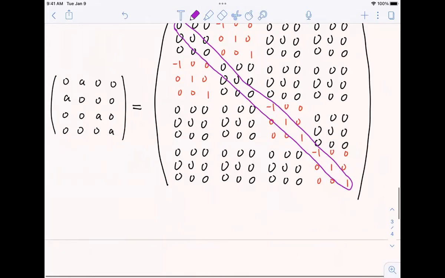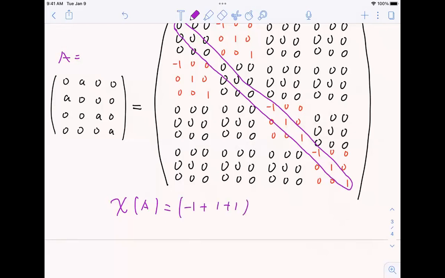Okay, so this is A. The character is basically -1 + 1 + 1. This is 1 unit, and you times 2. So it will be just -2.